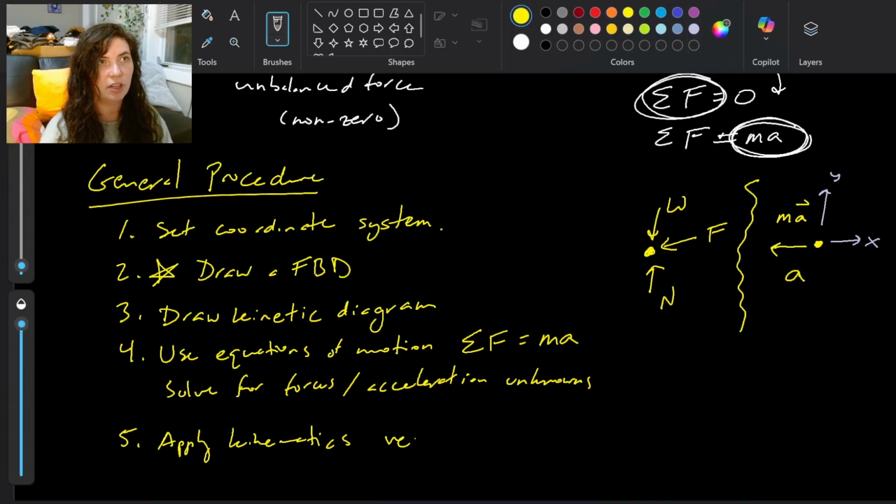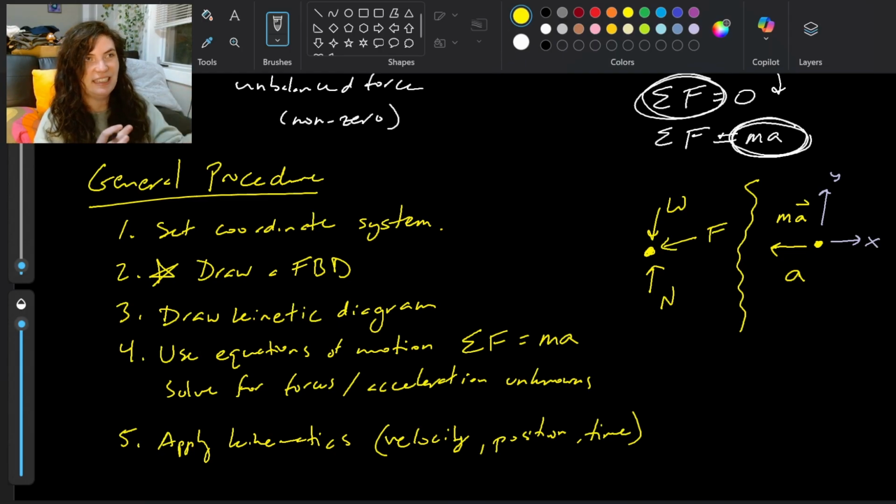So if we need a velocity or position or time or any of those relationships, we can always go back and use kinematics in these kinetic problems, trying to solve for these forces and accelerations that are acting on a body.